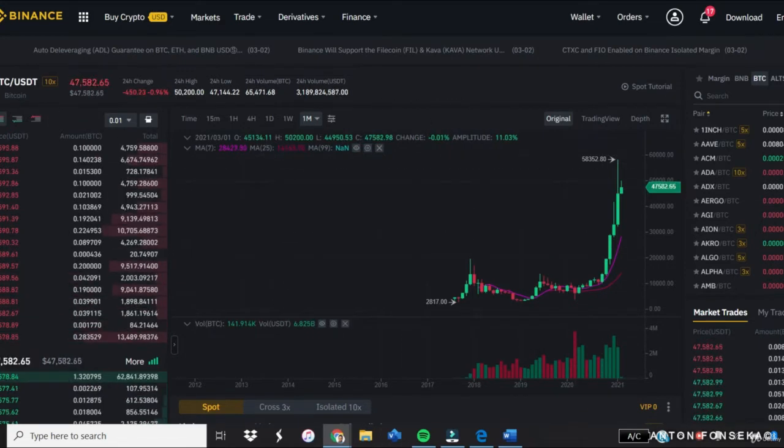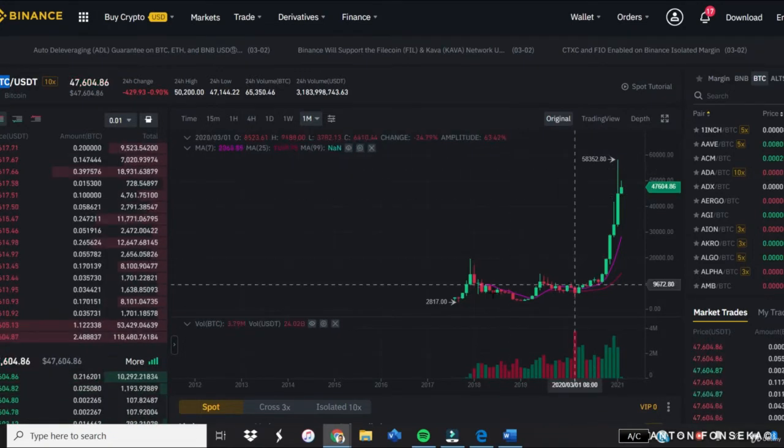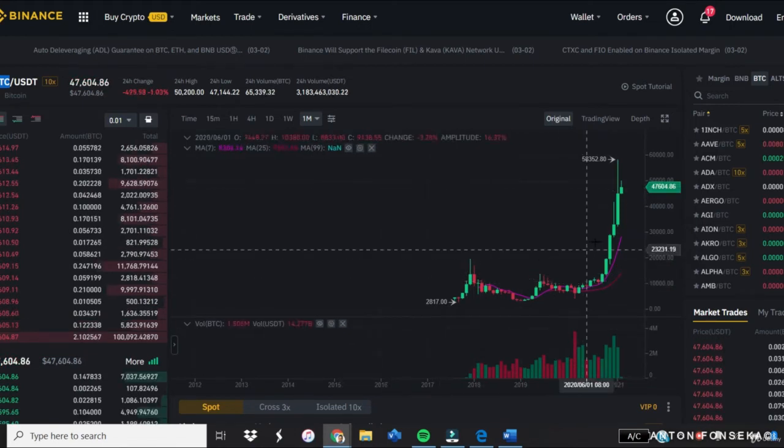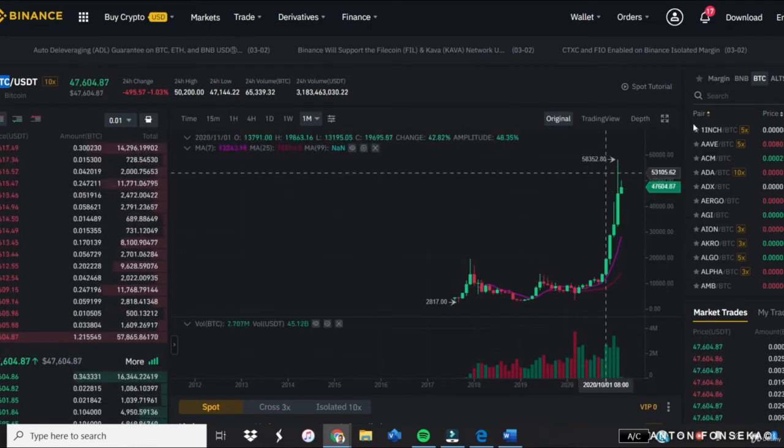If you see here BTC USD, this is the cryptocurrency. What is the value now? Here it says what is the value of BTC in terms of USDT. So what is the trend? That is what this chart says.